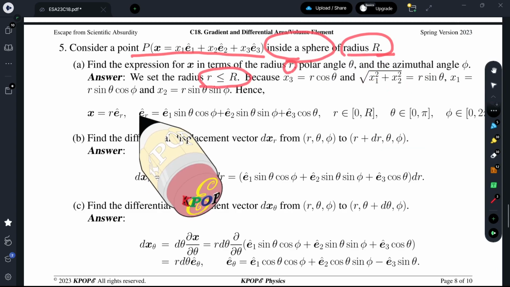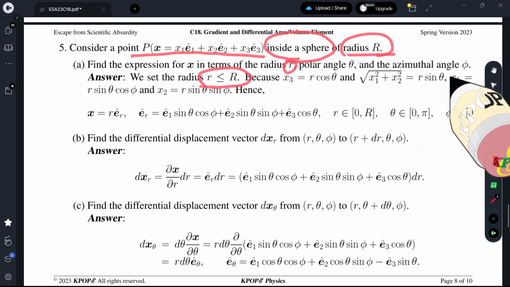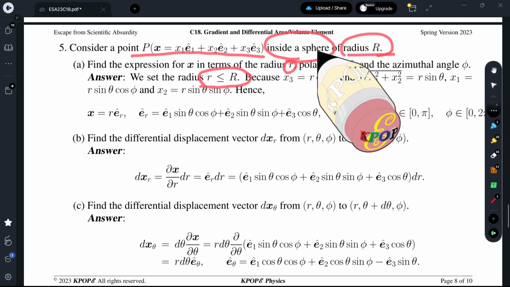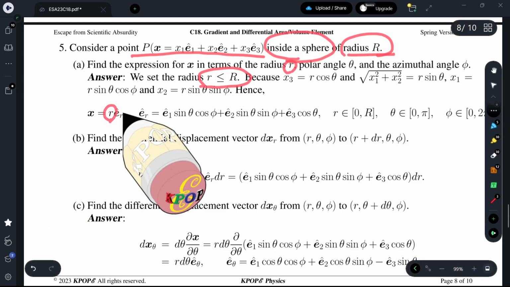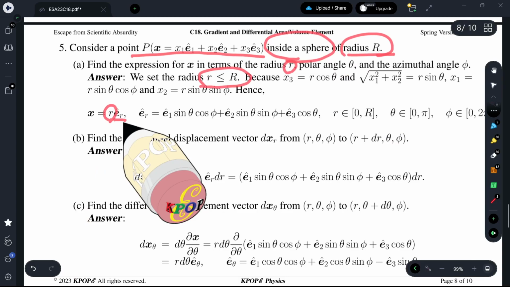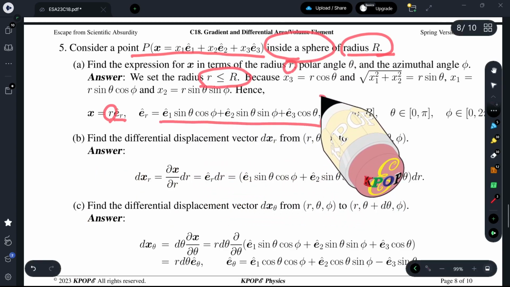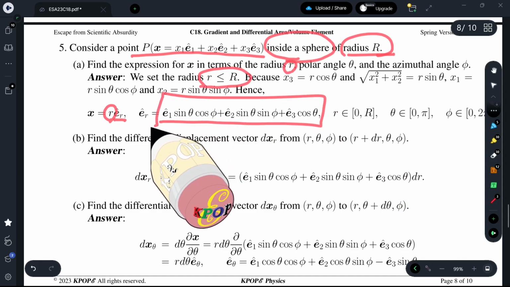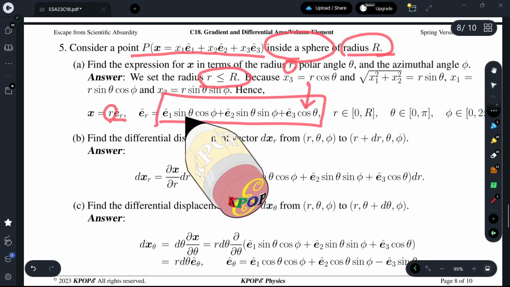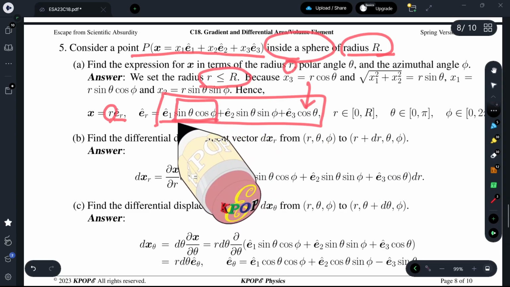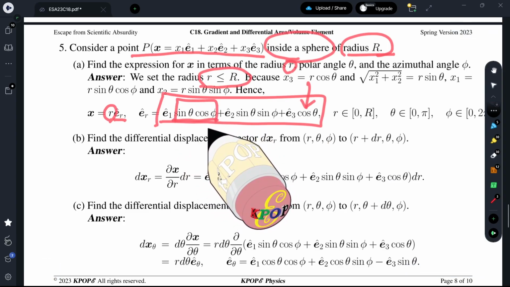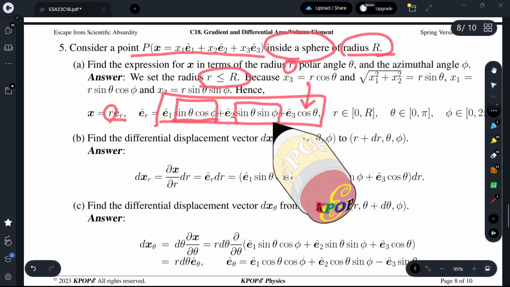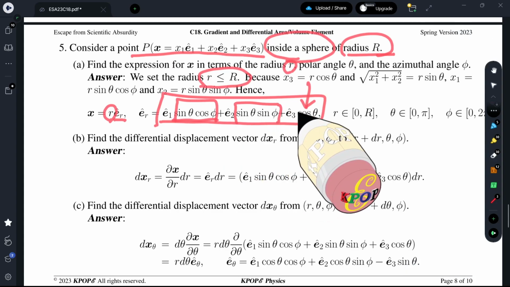We know how to represent a point inside a sphere whose radius is small r, and we use the unit radial vector that we just found. The z component is cosine theta, the x component is sine theta cosine phi, and the y component is sine theta sine phi.